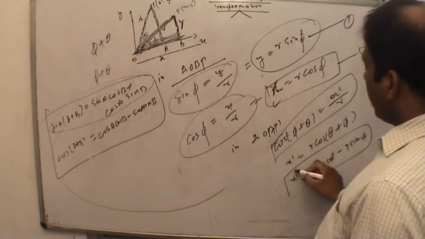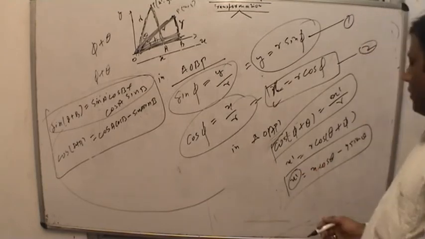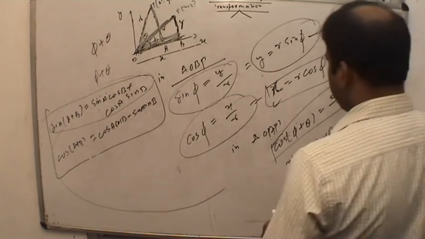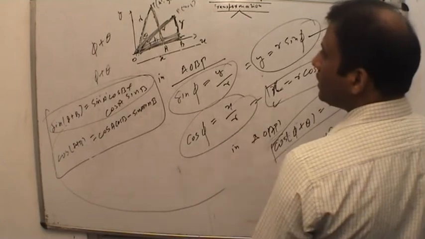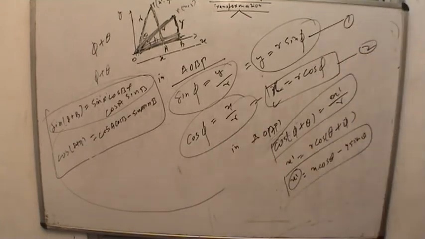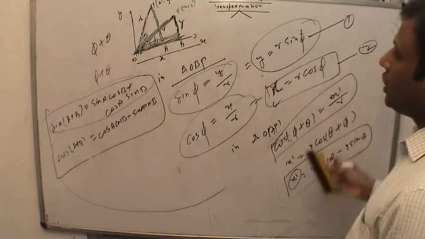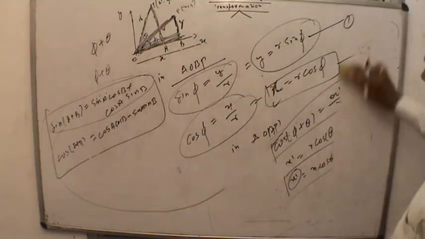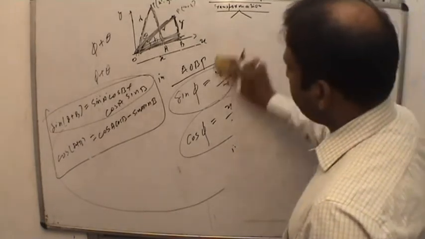We have the values x dash and y dash. When we rotate along the x-axis, the rotational value is x dash, and when we rotate according to the y-axis, it is y dash. So how can we reach from x to x dash and y to y dash? Now we represent the matrix.